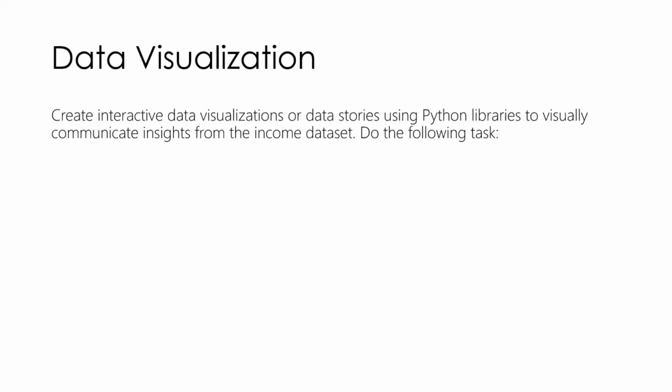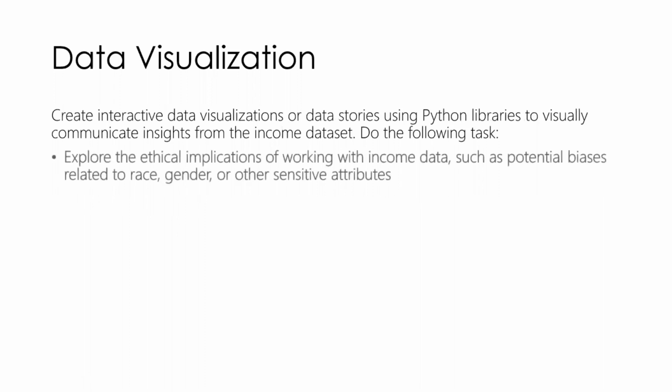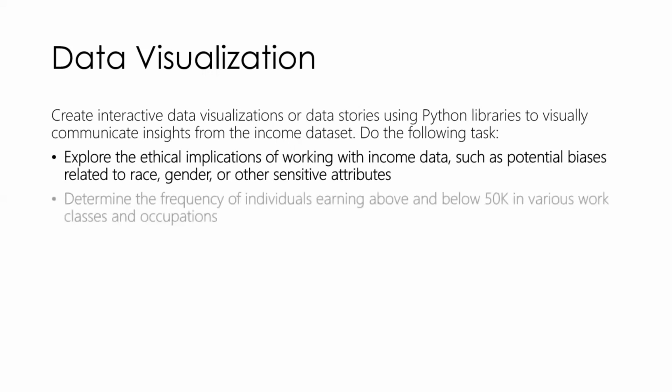Next, we have data visualization. In this part, you will create interactive data visualizations or data stories using Python libraries such as Matplotlib and Seaborn to visually communicate insights from the income dataset. You will do the following tasks, such as exploring the ethical implications of working with income data, such as potential biases related to race, gender, or other sensitive attributes.